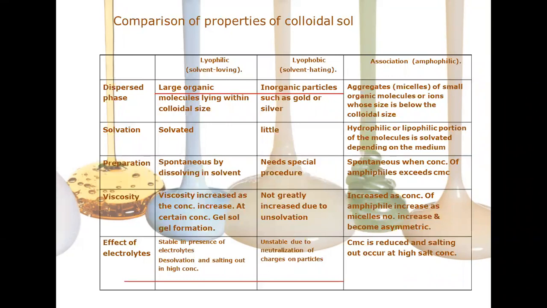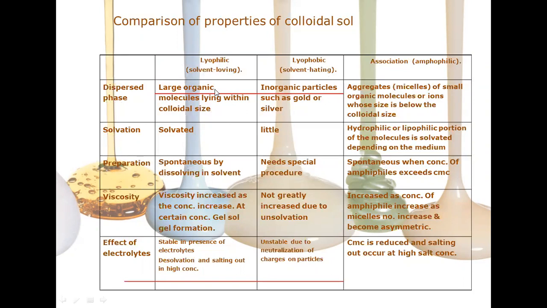Here is a comparison of properties of colloidal sols, the difference between lyophilic, lyophobic, and association or amphiphilic colloids. Lyophilic, as already told, is solvent loving, and lyophobic is solvent hating. The difference is first with respect to the dispersed phase.